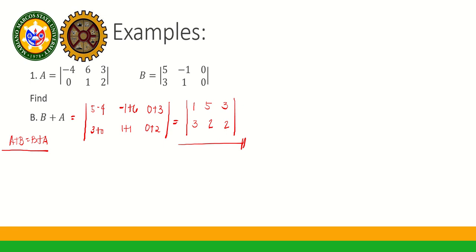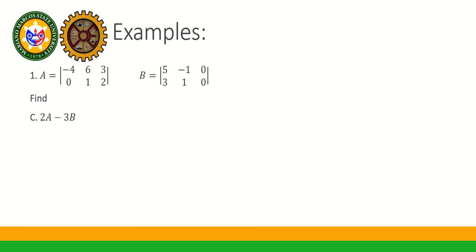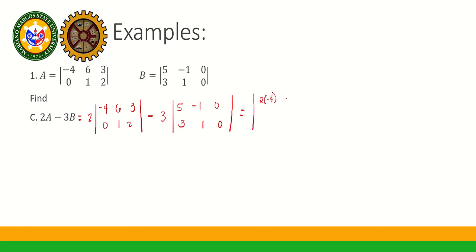Okay. Now let's have this one, 2A minus 3B. So si scalar number 2, multiply natin sa elements of A. This is -8, 12, 6, 0, 2, 4. And then minus 3 times matrix B, that is equal to 5, -1, 0, 3, 1, and 0. So this will be equal to 2 times -4.